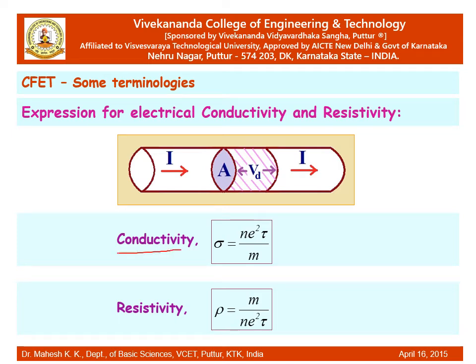Conductivity sigma is nothing but Ne square tau by m. So its reciprocal is resistivity, that is rho is equal to m over Ne square tau. You should remember this formula to work out a few problems in the later lectures.